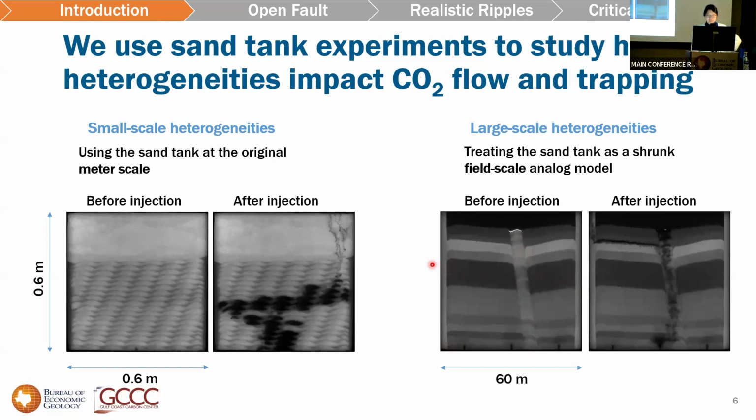So then, using these kinds of sand tank experiments, we can examine how much trapping we can get with different types of heterogeneities, and how plume migration pathways are affected by these kinds of heterogeneities.